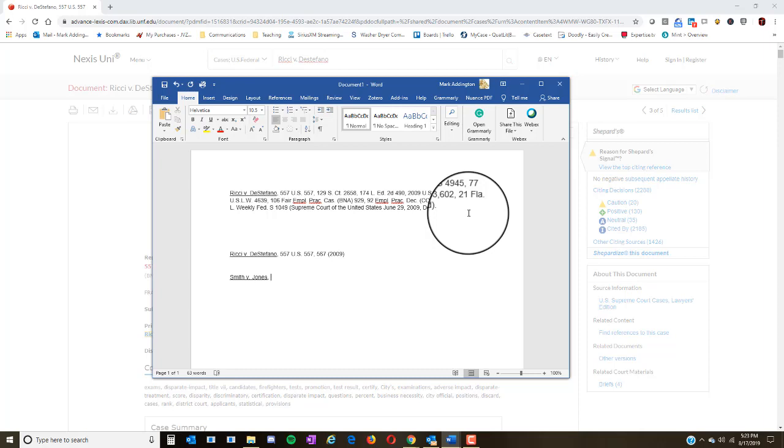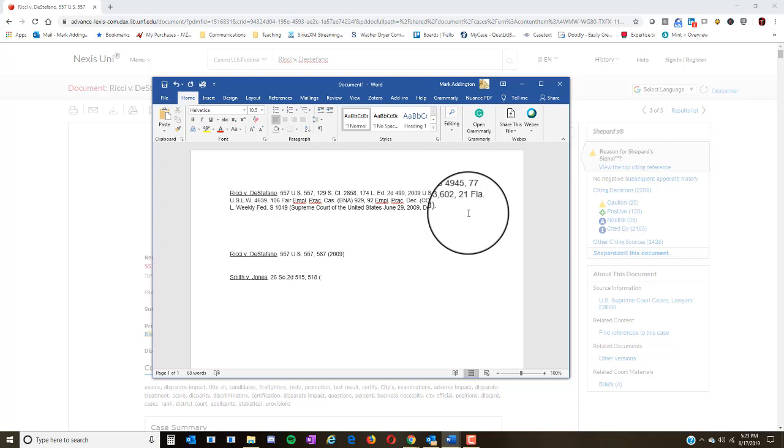Right now we're on Southern Third, and there are so many opinions that they break them down into editions. So here we would go to volume, let's just make up a number, 26 of the Southern Second Reporter, let's say, and page 515. And then say 3 pages back on 518 was a pinpoint cite.